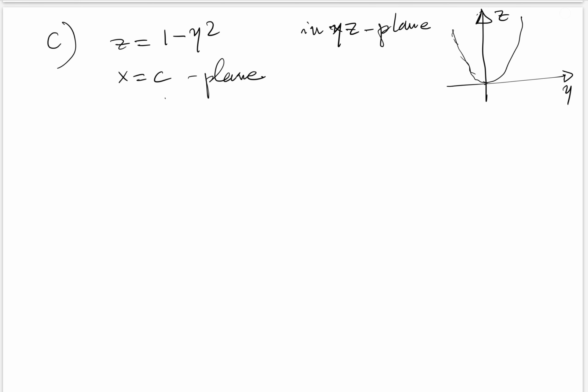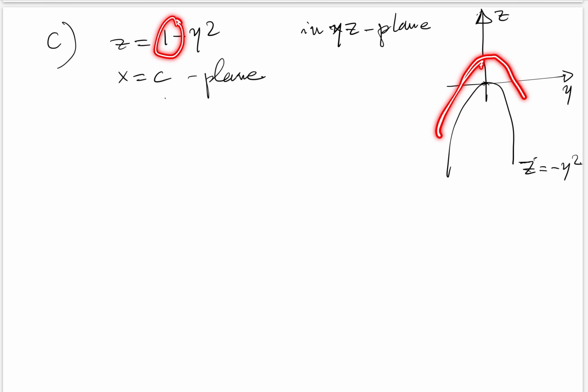Let me write down here. Z is equal to y squared. Now, if you take negative y squared, it will flip down. So you have negative y squared, it will look like this. That's z is equal to negative y squared. Got it? Okay. Now, plus 1. That means the graph will go up to 1 here.